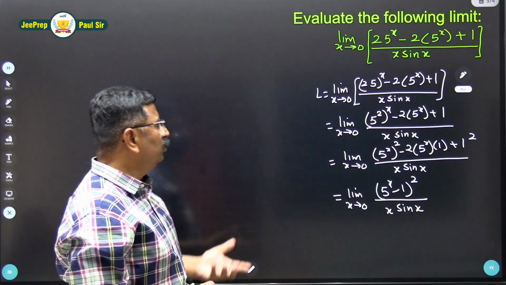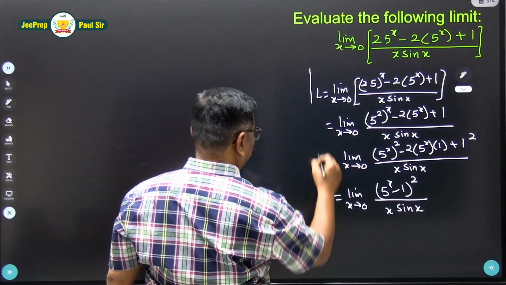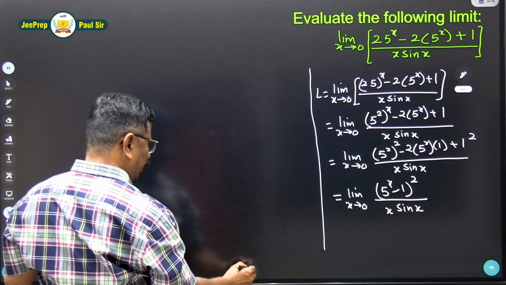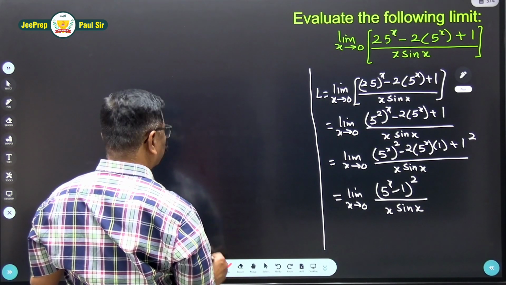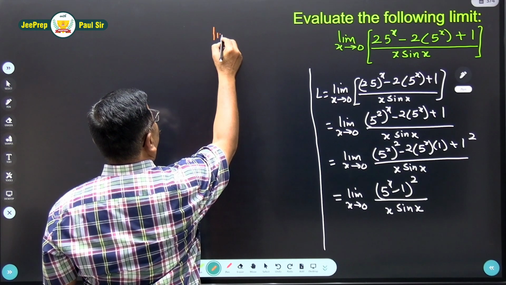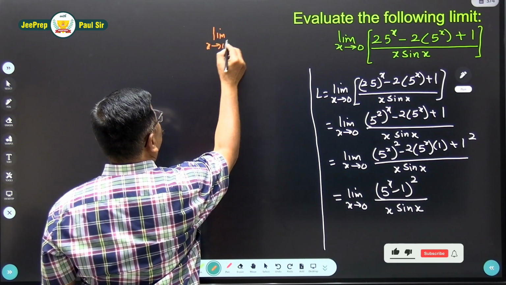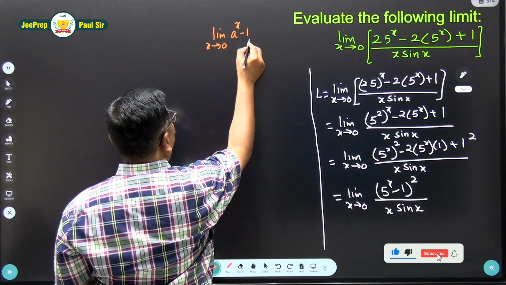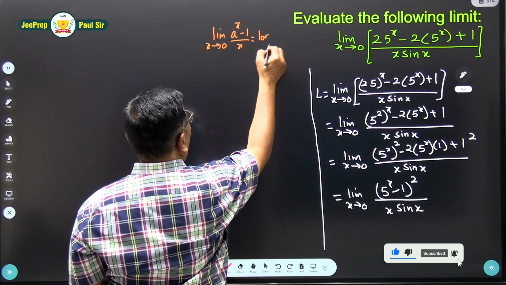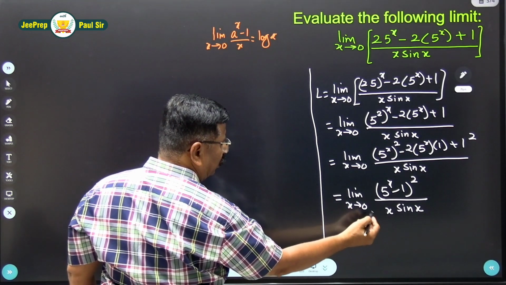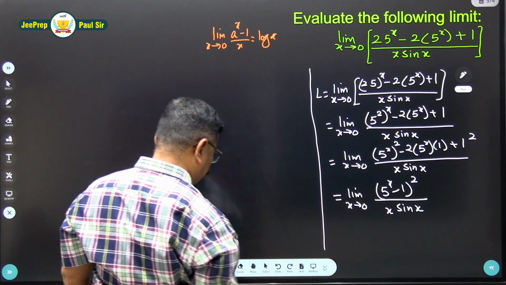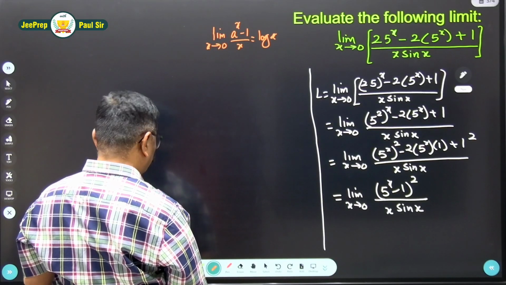So now we need to use the formulas of exponential limits and of course the trigonometric limit. Now what is the formula of the exponential limit that we are going to use? Limit x tends to 0, a raised to x minus 1 upon x is equal to log a, and trigonometric limit is limit x tends to 0 sin x upon x is equal to 1.